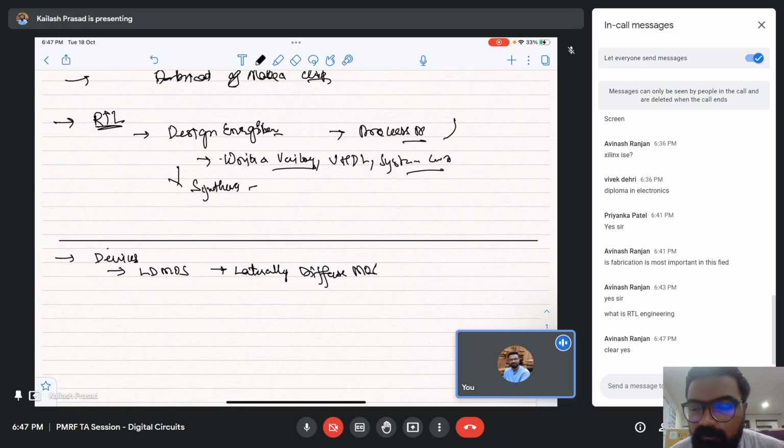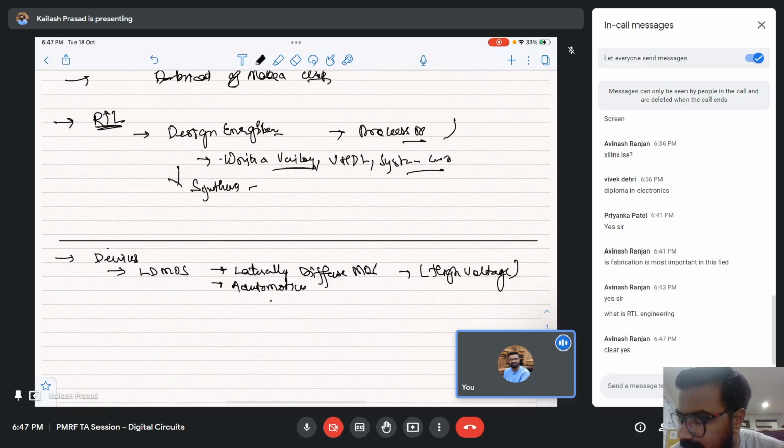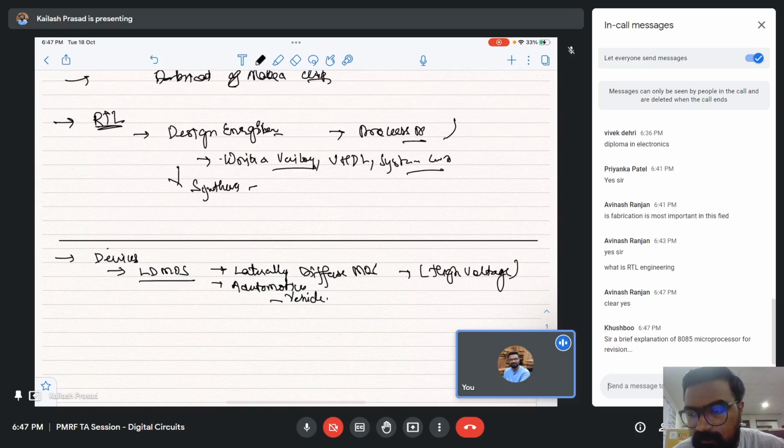These kinds of transistors are used for high voltage applications, such as in the automotive industry. In a vehicle, you require actions to be taken by a digital circuit or whatever chip you are designing, but it should be capable of very high voltage. There you require this kind of LDMOS.